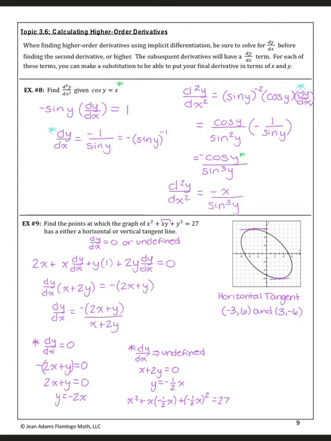Simplify this all down, you will get 3/4 x squared is equal to 27, which means that x squared is equal to 36, which means that x is equal to plus or minus 6, which if you look on your ellipse here, the tangent lines at these points are in fact vertical.